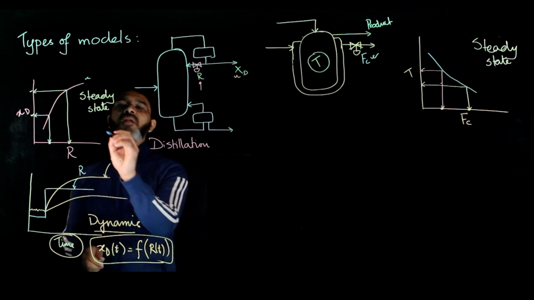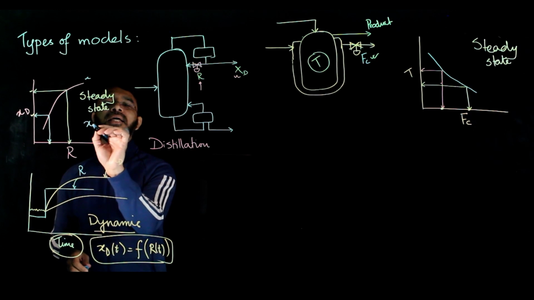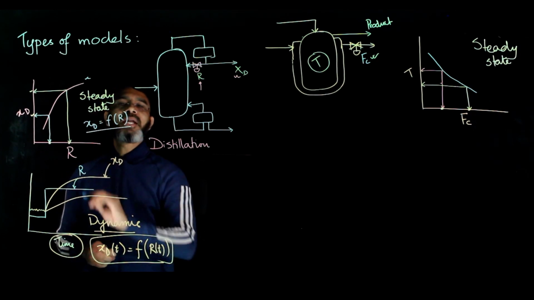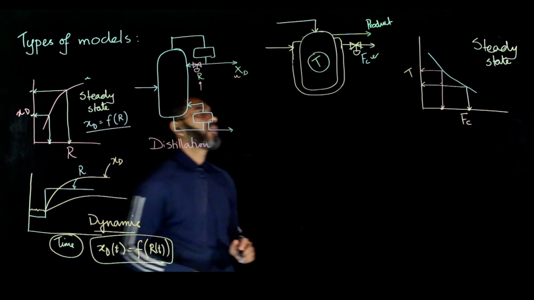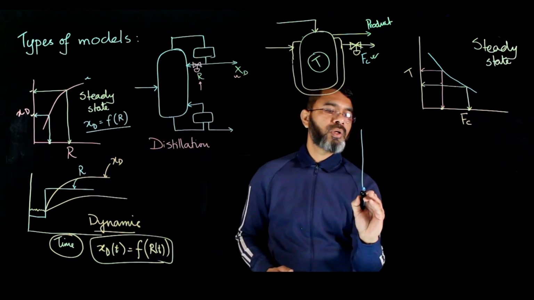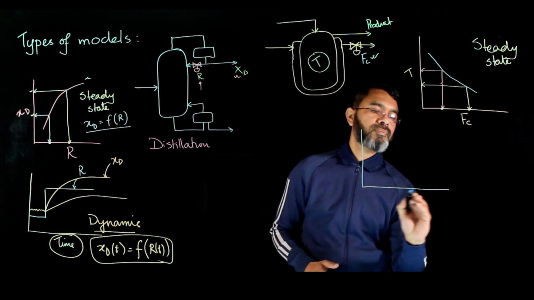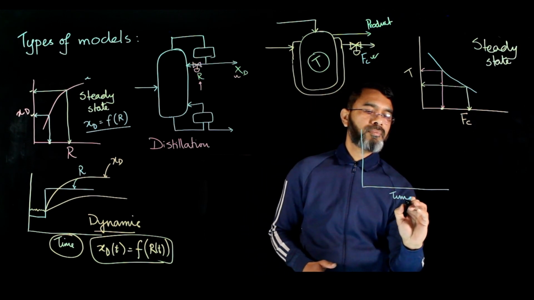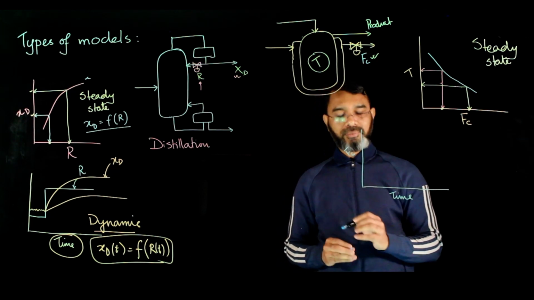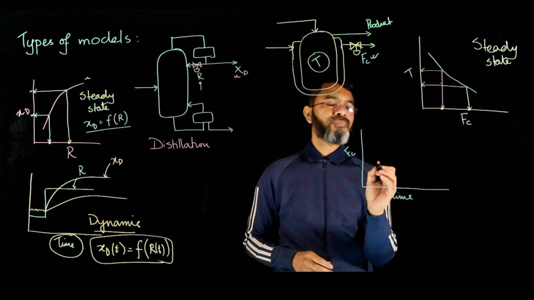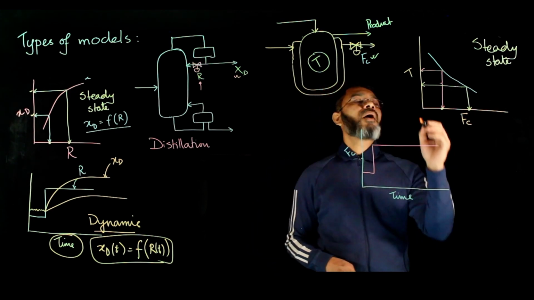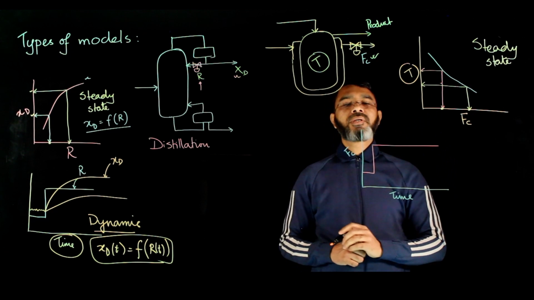For the steady state value, we get the output as a function of input, but the time variable is not there. Similarly, for the case of this reactor, we need to know, for the purpose of control, if there is a change in Fc with time, say Fc goes from one value to another, how the reactor temperature is going to change.